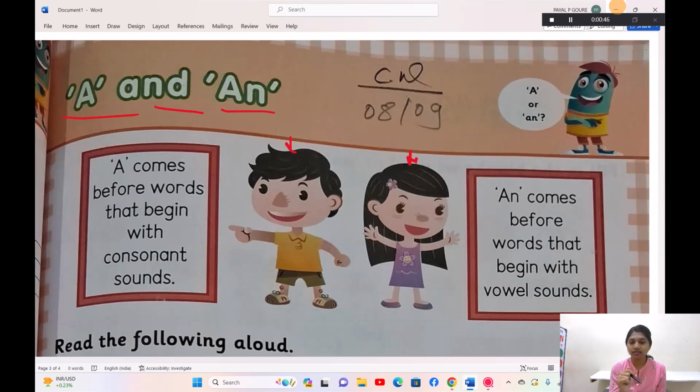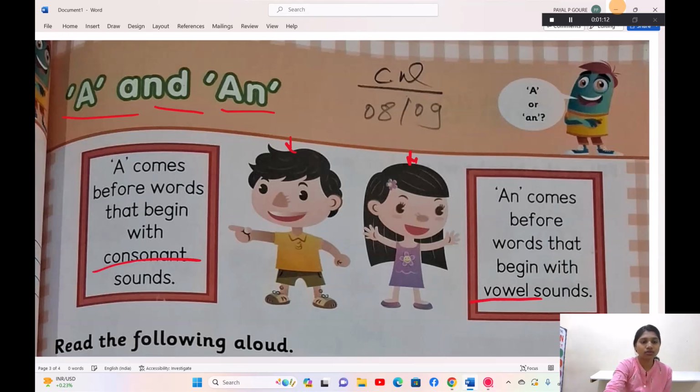So, in this lesson, we are going to learn a and an. First, please tell me, do you know vowels and consonants?